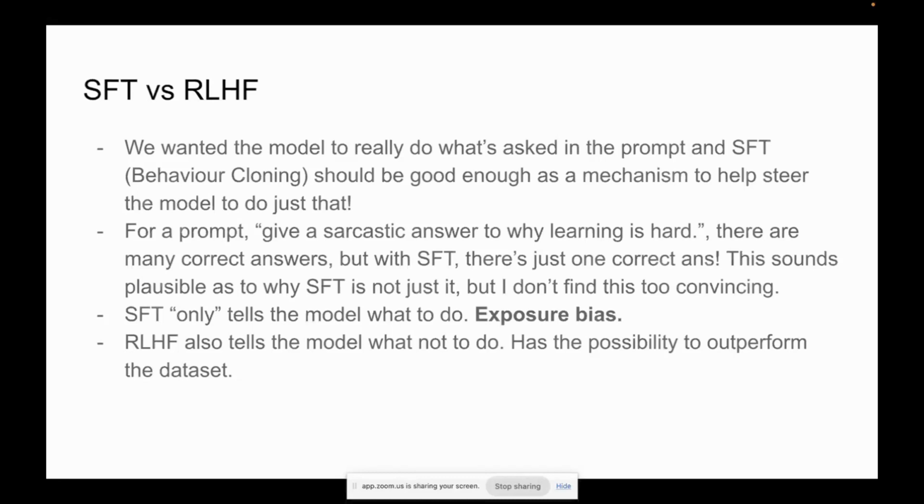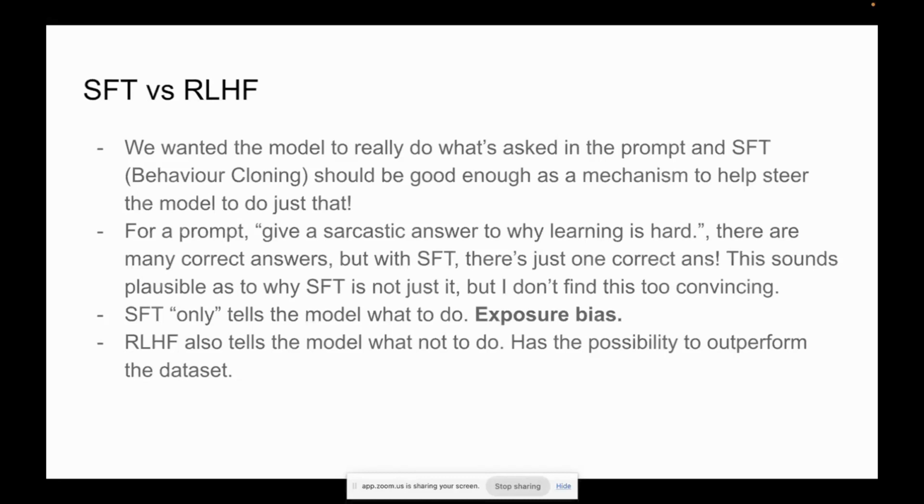A more convincing point over here is that when we do SFT, we're basically doing behavior cloning. We're showing the model what we want it to do. But during SFT, we never show the model what it should not be doing.